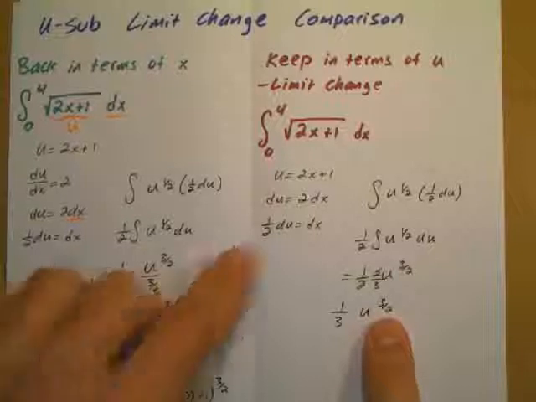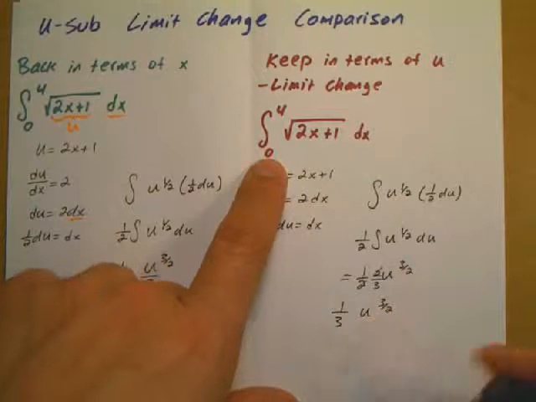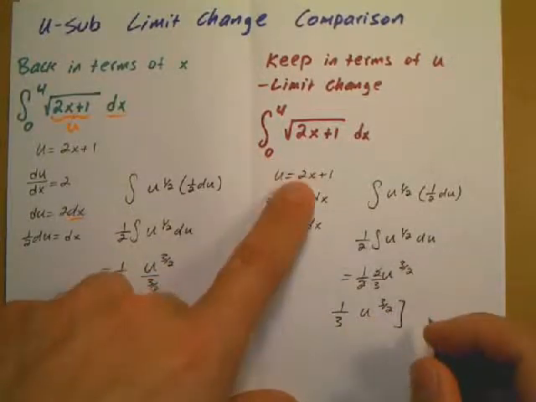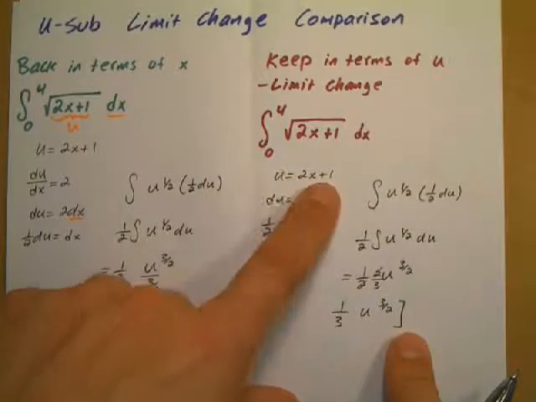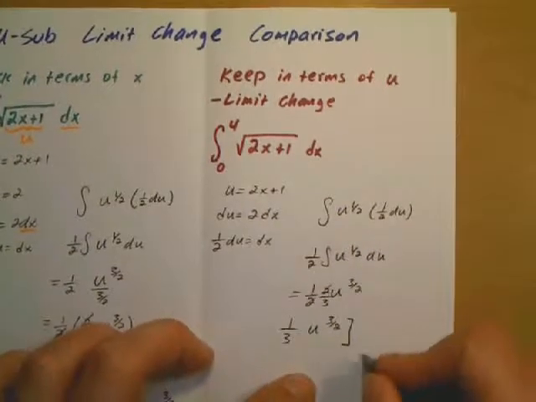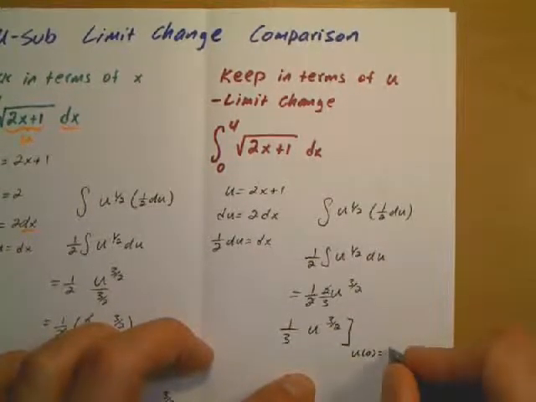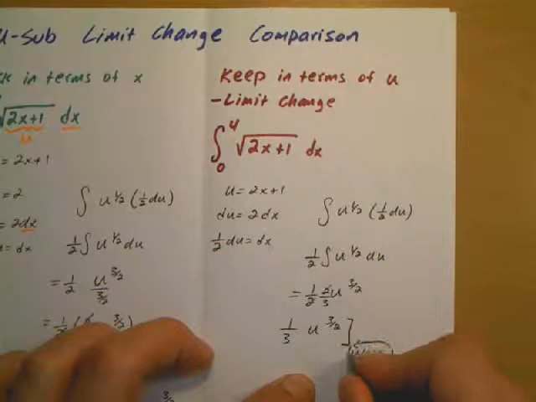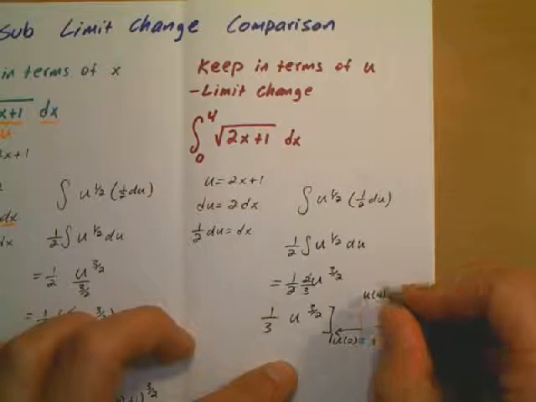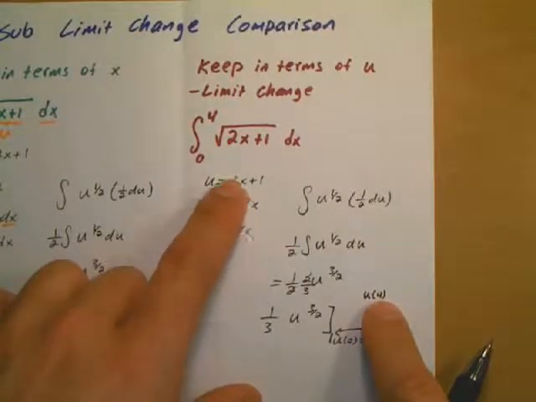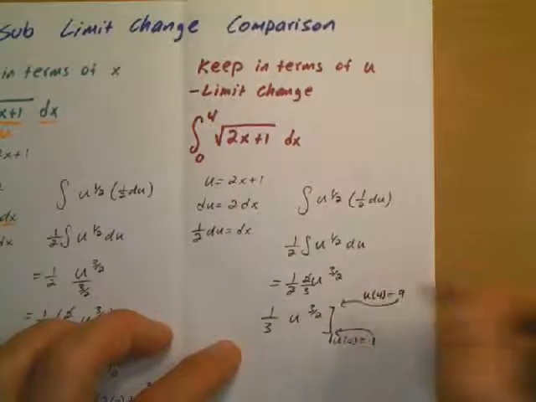The only difference is now, instead of going back to 2x plus 1, I'm going to change my limits by plugging in 0 at this point. So 0 plugged into this, 2 times 0 plus 1, is basically u of 0. That gives me 1. That's now going to be my new lower limit, which is 1. If I plug in u of 4, so I'm plugging in 4 into what I let u equal, that's going to be 9. So that's going to be my new upper limit.